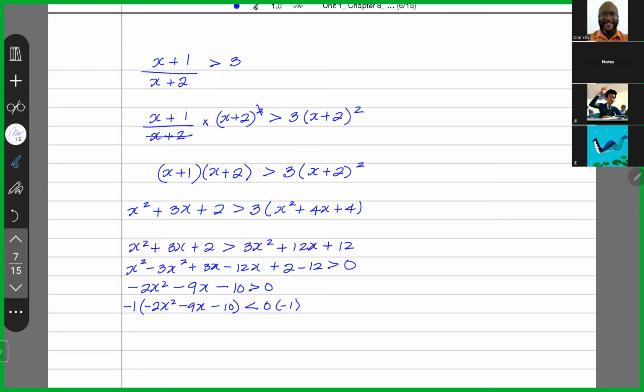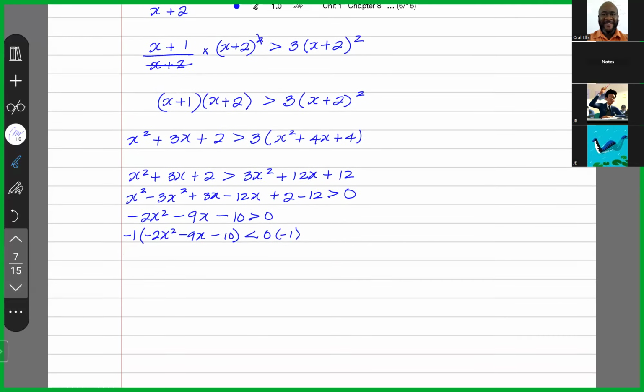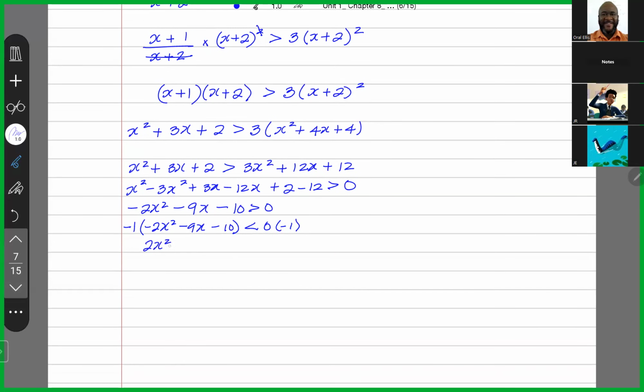Now, if you multiply both sides of an inequality by a negative number, you must change the inequality sign. So we're going to end up with 2x squared plus 9x plus 10 is less than 0. You multiply into my 0, you're still going to get 0.